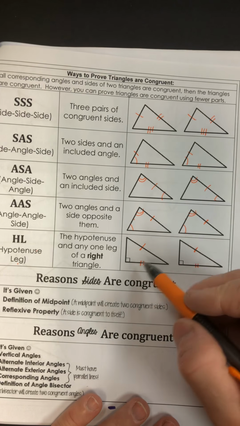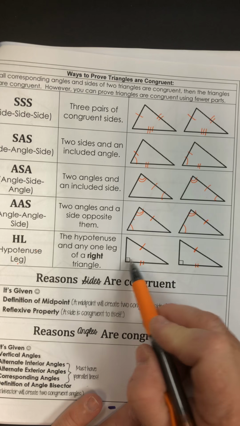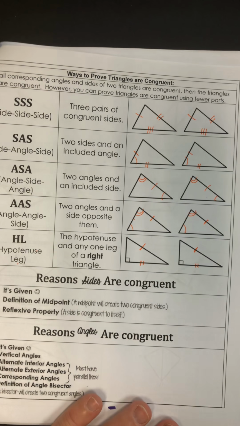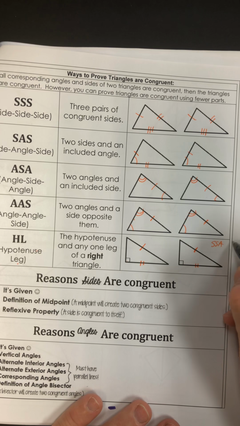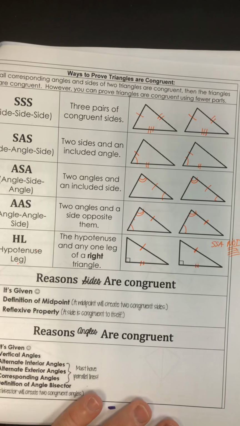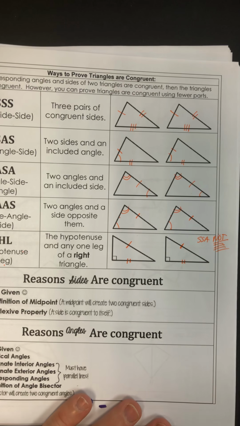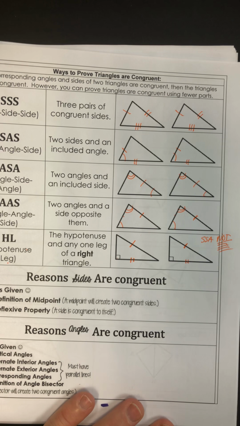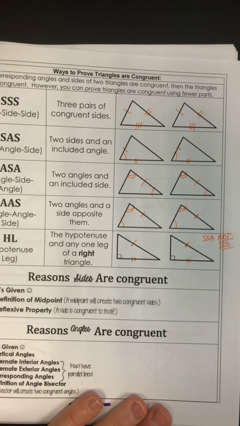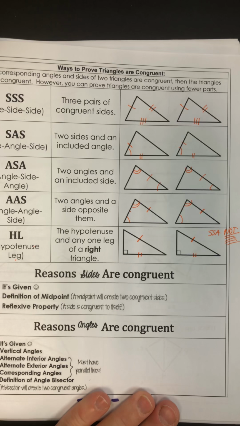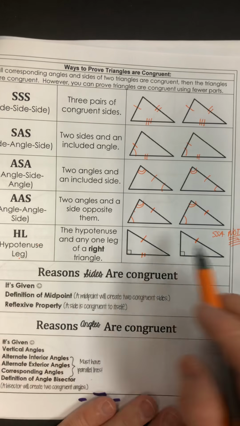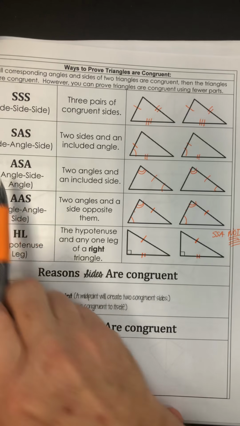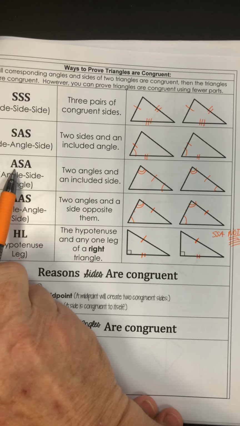If you notice we have an angle and two sides, well, angle, side, side, or side, side, angle, is not a rule. We don't say angle, side, side. We don't want to swear, but that is not the rule. If you have an angle and two sides, it has to be in the combination of side, angle, side, or angle, side, angle.